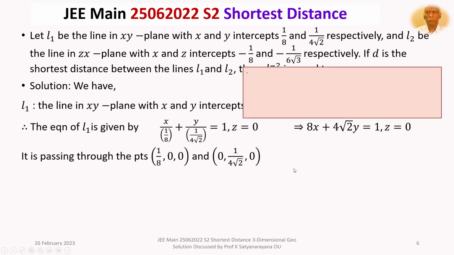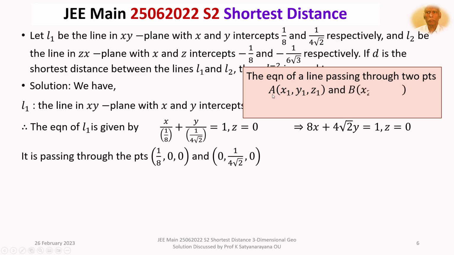And we recall the equation of the line passing through two given points, A with coordinates x1, y1, z1 and B with coordinates x2, y2, z2. It is given by x minus x1 by x2 minus x1 is equal to y minus y1 by y2 minus y1 is equal to z minus z1 by z2 minus z1.